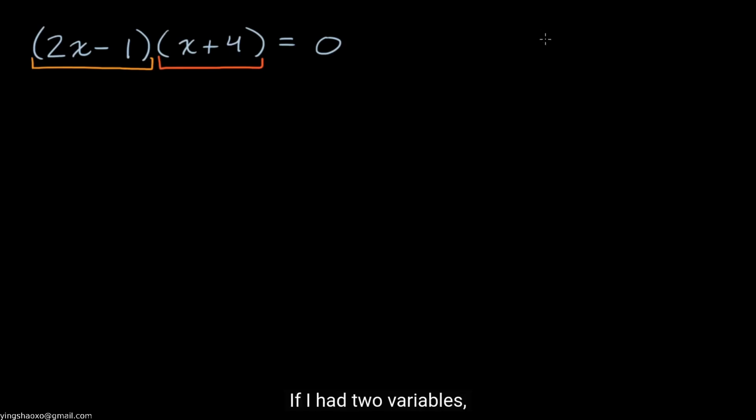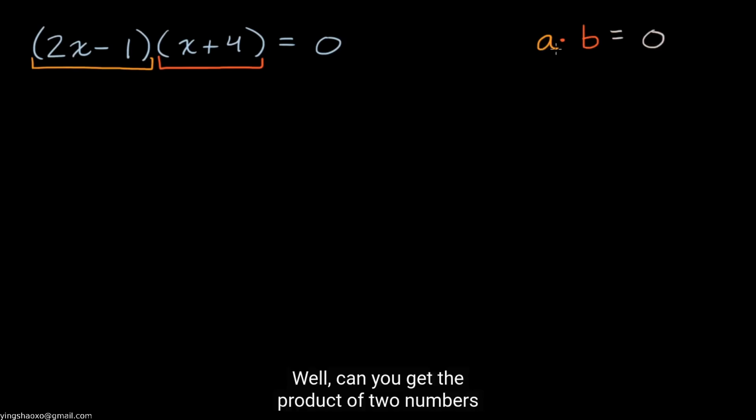Let me really reinforce that idea. If I had two variables, let's say a and b, and I told you a times b is equal to 0. Well, can you get the product of two numbers to equal 0 without at least one of them being equal to 0? And the simple answer is no. If a is 7, the only way that you would get 0 is if b is 0.